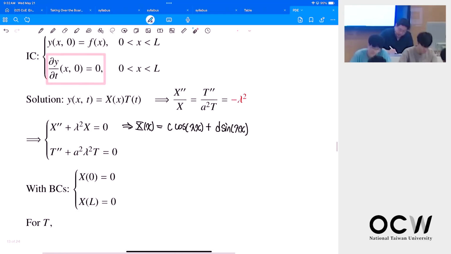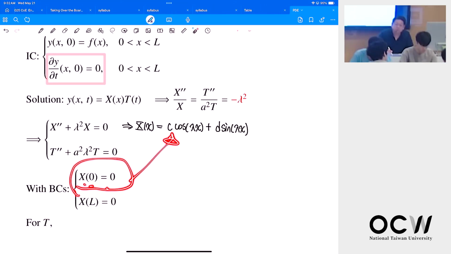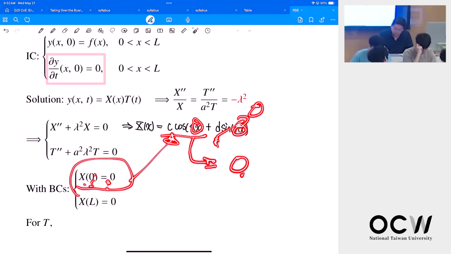So now with the boundary conditions, let's plug in. When I have the boundary condition x of 0 equals 0, tell me which coefficient is 0, or maybe two of them are not zeros. Is C 0 or D 0? C is 0, because cosine 0 is 1, so C should be 0.